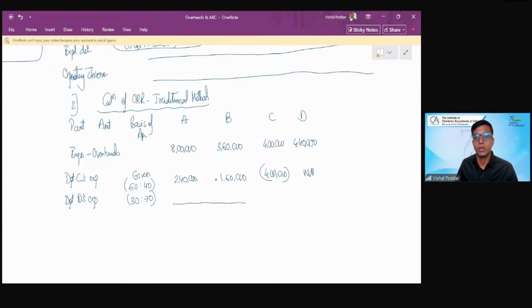And then 440 divided in this ratio. This is nil. I think this is coming as 132, and this will come as 308. Just confirm, please.